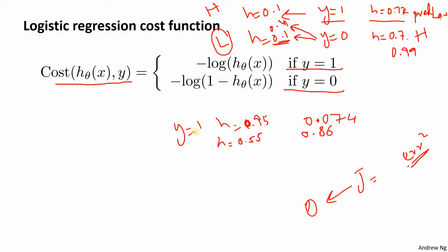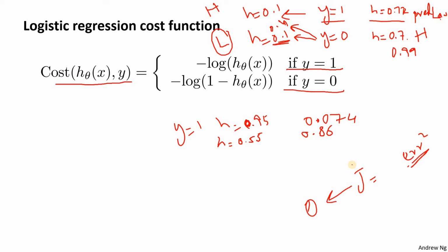Now on the other side, if y is 1 but I predict it as 0.55, it is a positive class and I predict positive, but I am not so sure, because remember, if it is less than 0.50, it will become class 0. Because I am not sure, I will get a huge fine or penalty. The error value I will get over here is 0.86, which is much bigger as compared to 0.074.